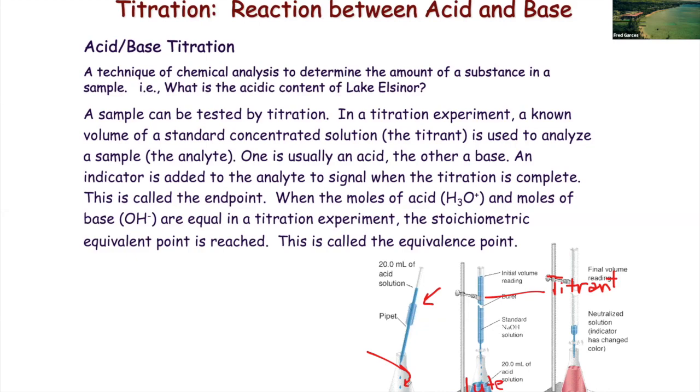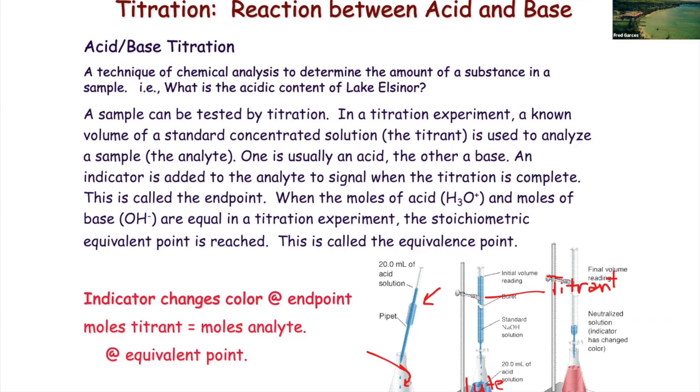And that's what you see right here in this illustration. The indicator changes color at the end point, and you assume that the end point is the equivalence point. That's when the moles of the titrant, the base generally, is equal to the moles of the analyte, and generally the analyte is the acid.